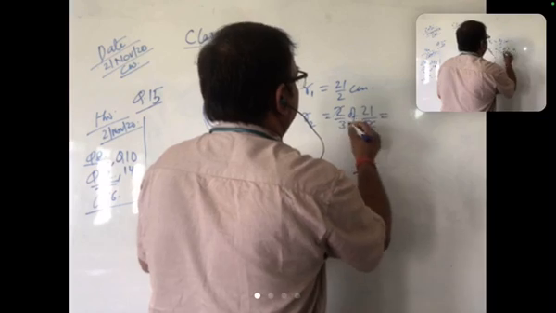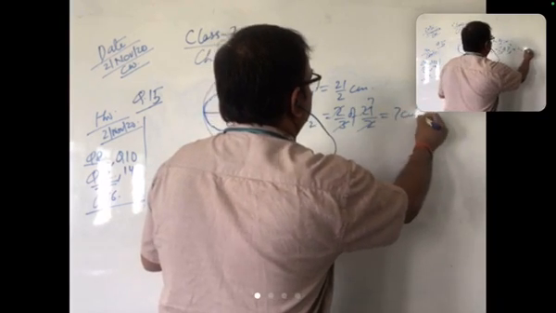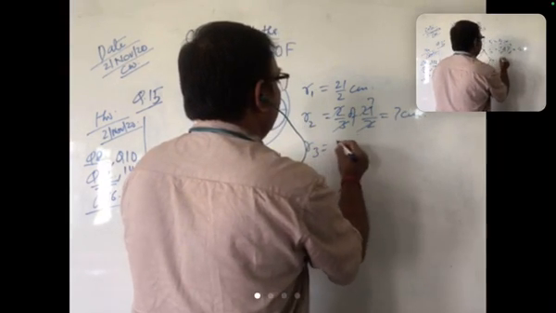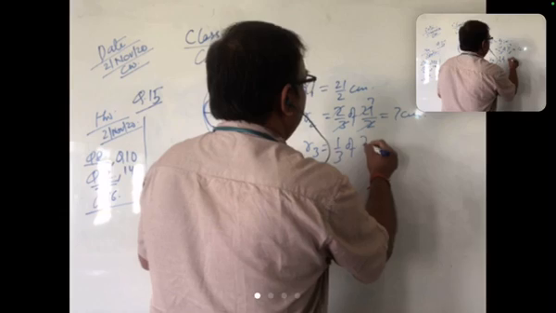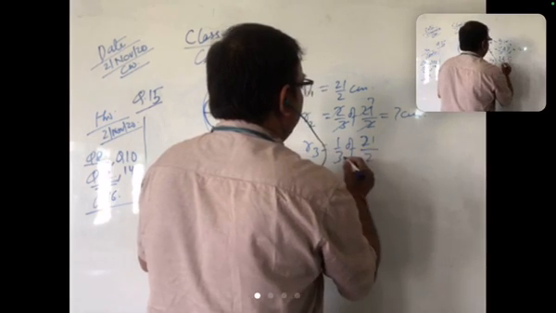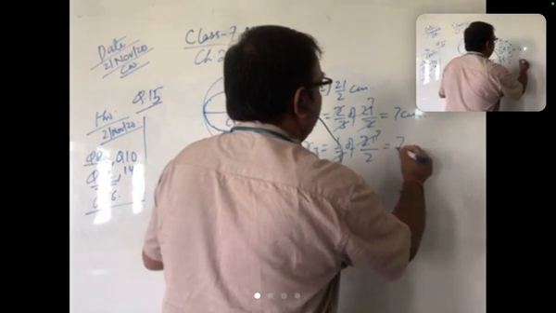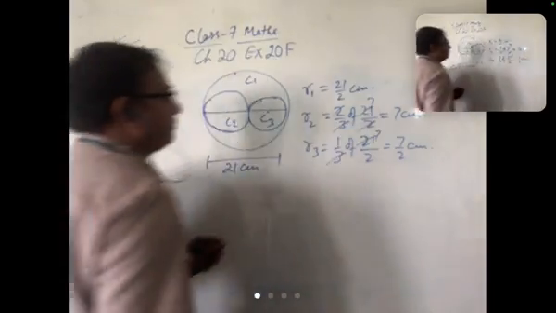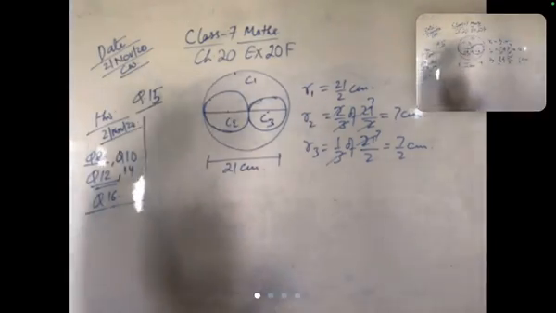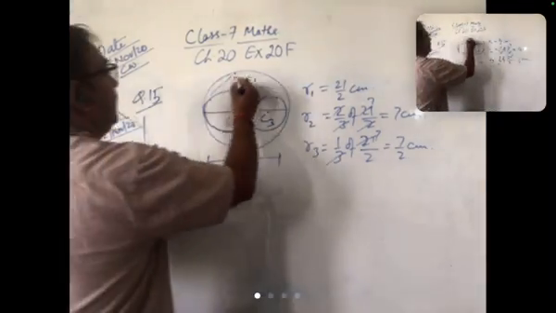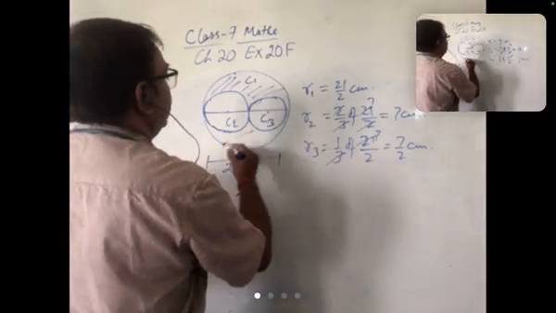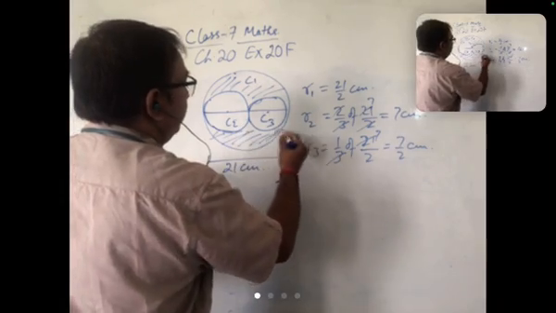So it will be cancelled and this is 7 centimeter. R3 is equal to 1/3 of 21/2, so it will be 7/2 centimeter. If we have to find the shaded region, this is the shaded portion.